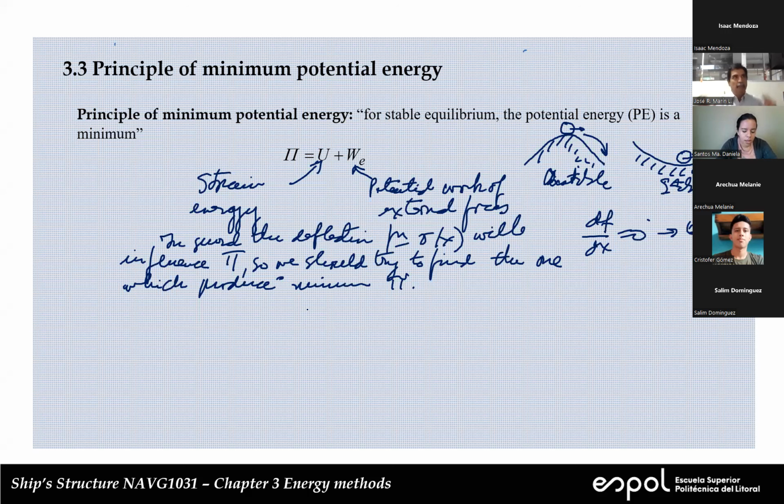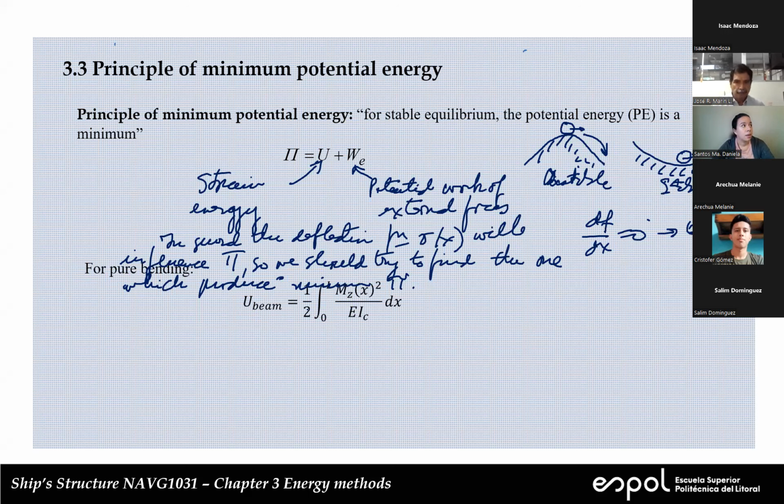Okay, but don't worry. You can imagine that this is like a philosophical statement, and we can apply these things in many different ways. We're going to use it in a very simple way, and that's what we call the Rayleigh-Ritz procedure, which will be presented in a few minutes.